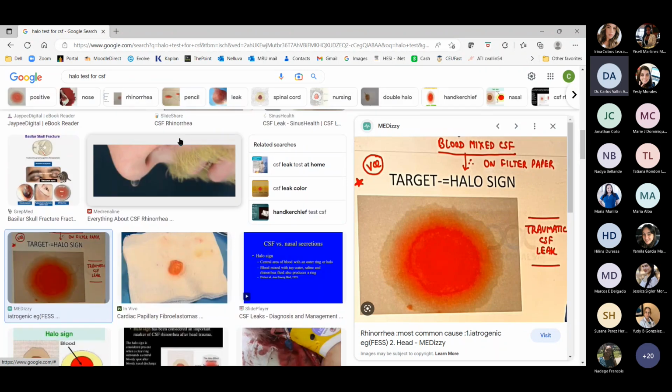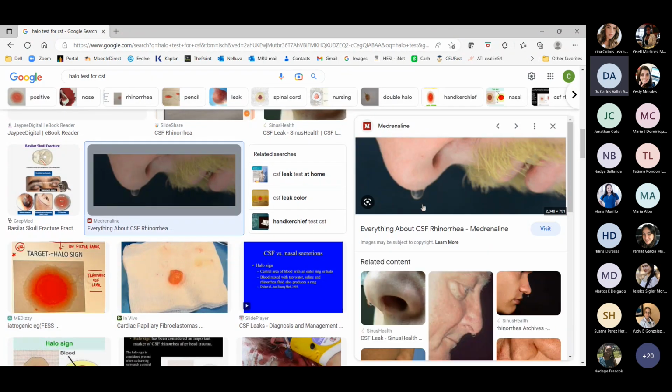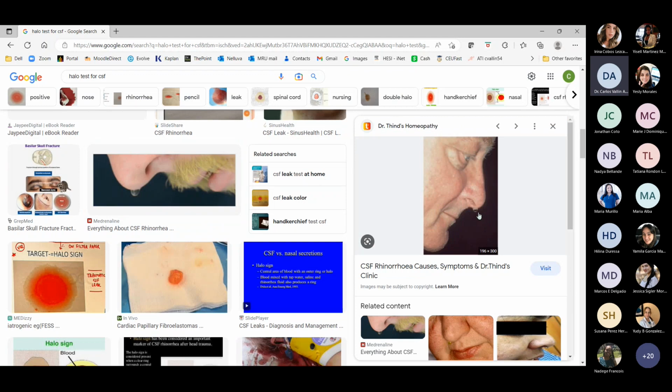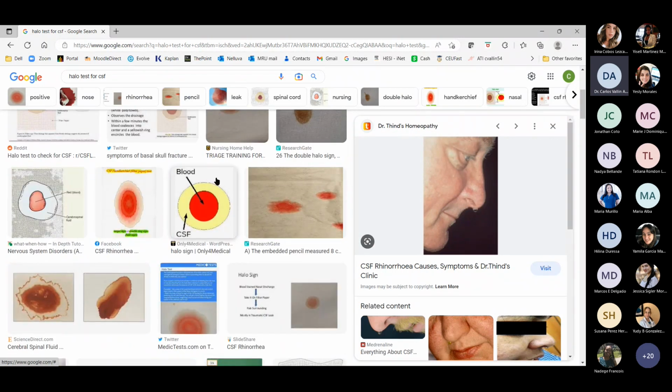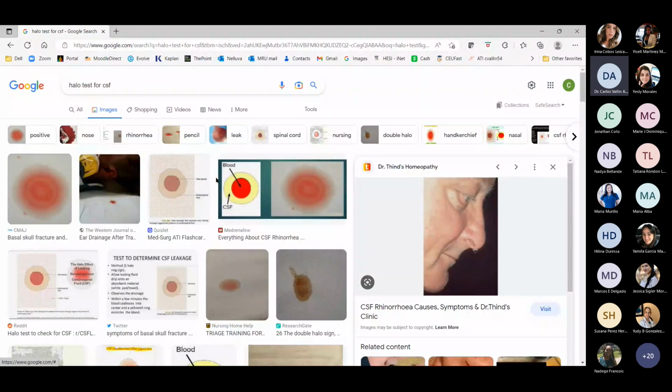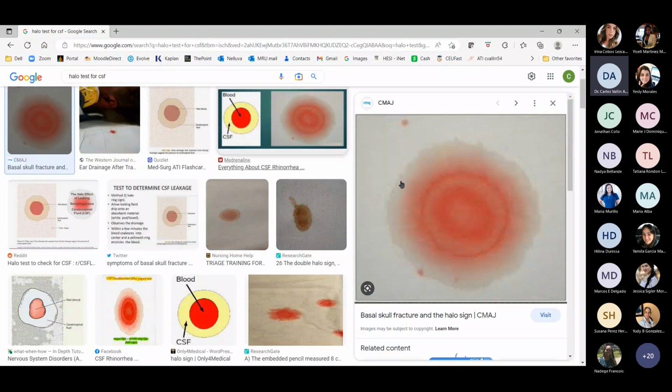This is what you see when there is crystal rock, leakage of liquid through the nose, because generally it is a fistula. So we have a different situation.